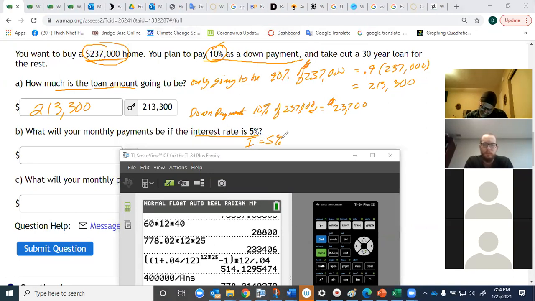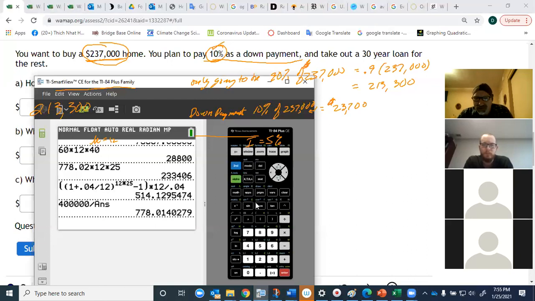And it says monthly payments. So that tells me K is equal to 12, right? K is important. That shows up in multiple places on these problems.